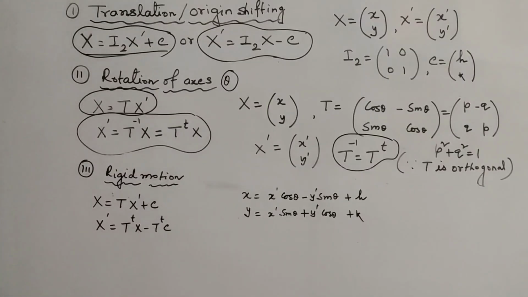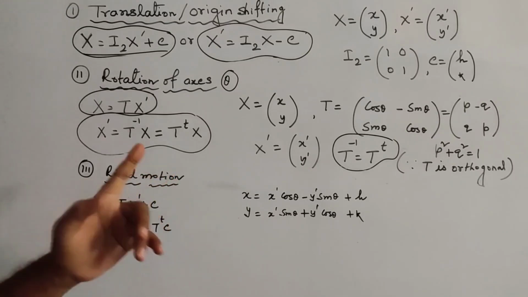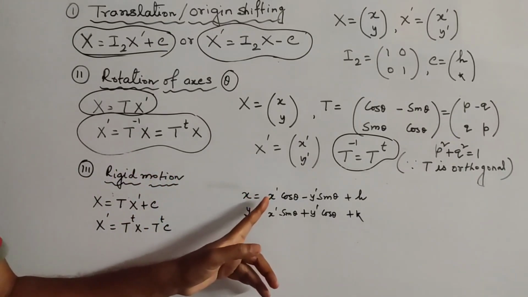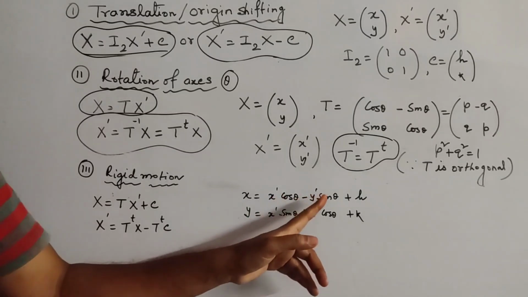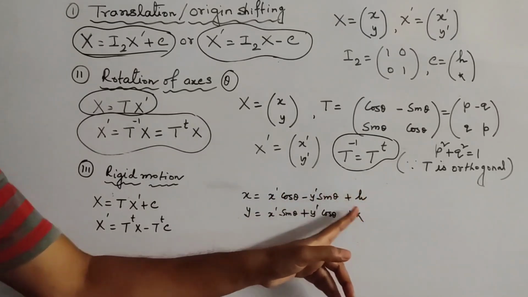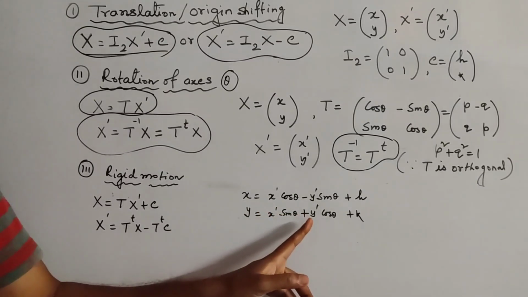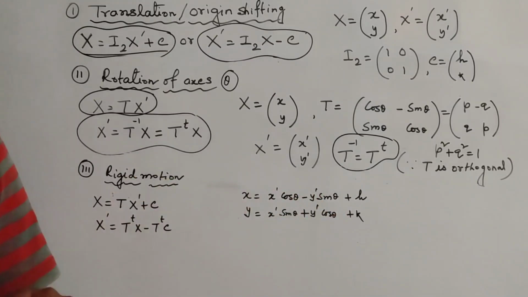We know that rigid motion is written as x equal to x dash cos theta minus y dash sin theta plus h, and y equal to x dash sin theta plus y dash cos theta plus k.